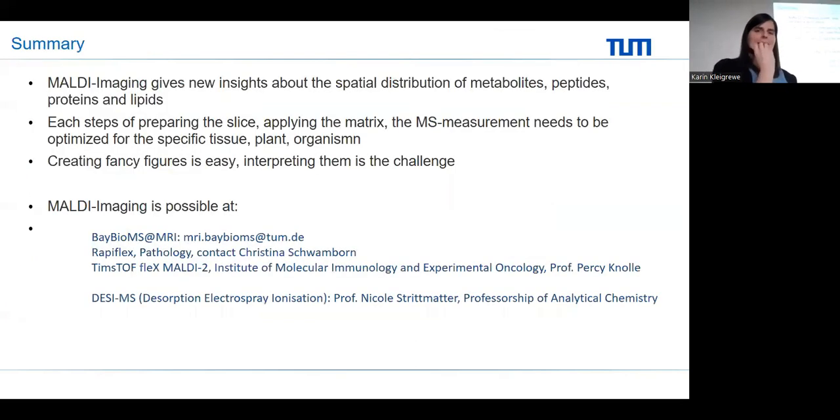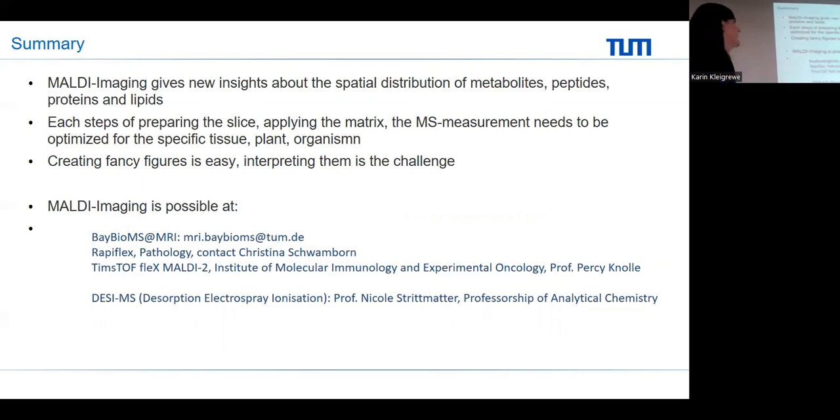So with that, I'm at the end of how MALDI imaging has been done here at BayBioMS. We have the benefit that we can get the spatial distribution. It works for small metabolites. It's not working that great. Lipids are working well. Peptides and proteins are also possible, but it's still a lot of work to develop those methods.